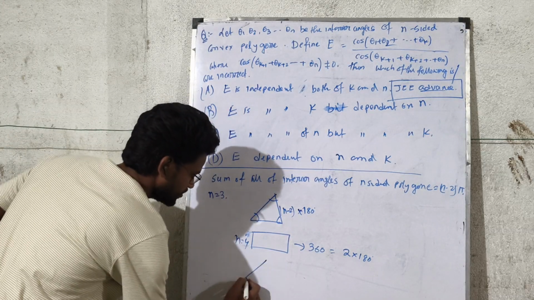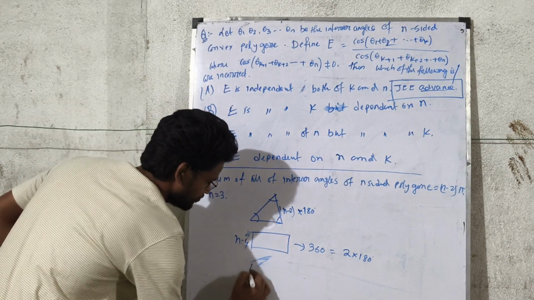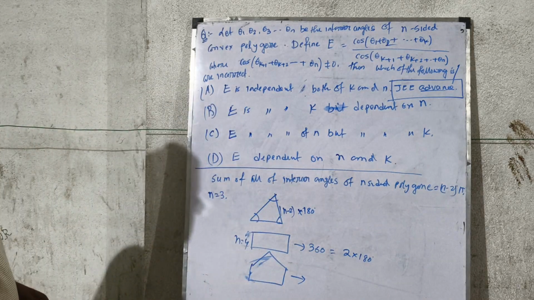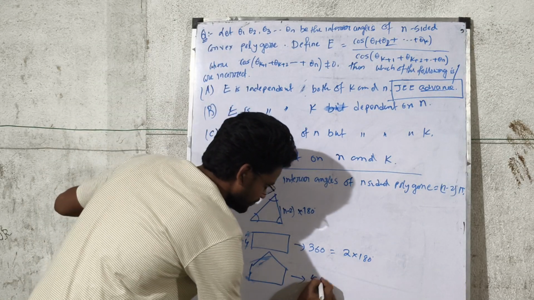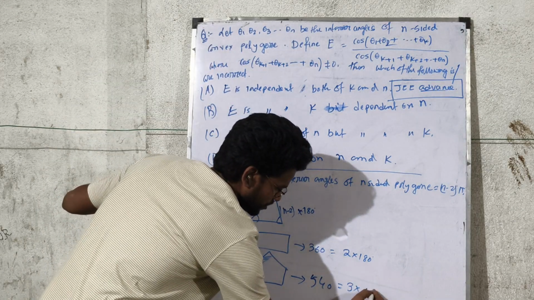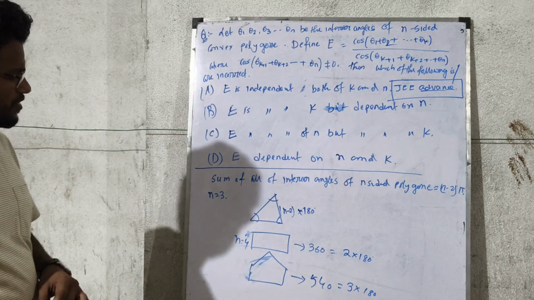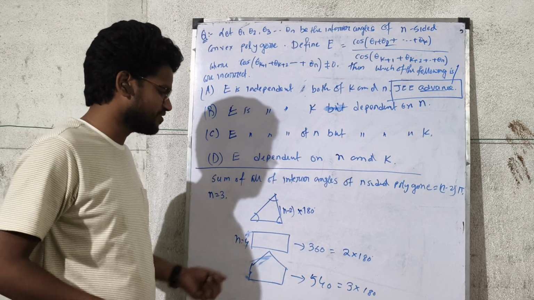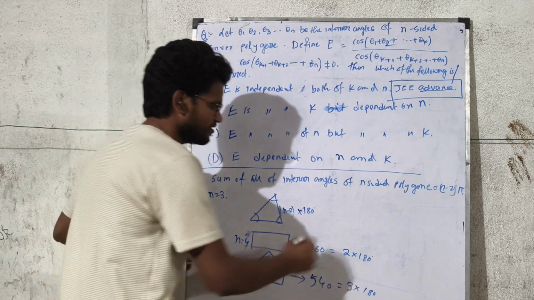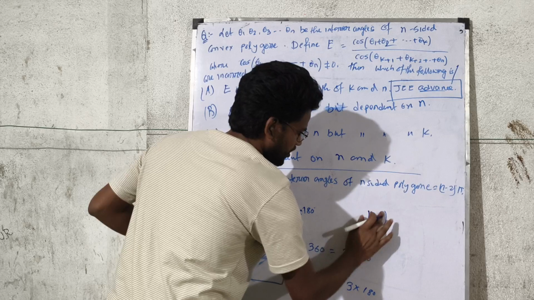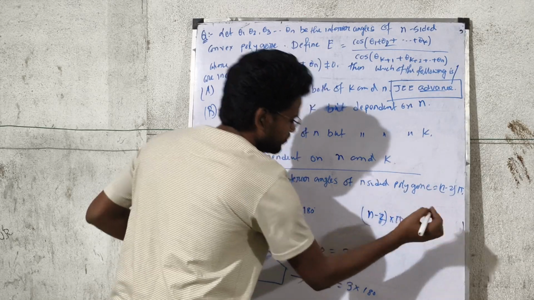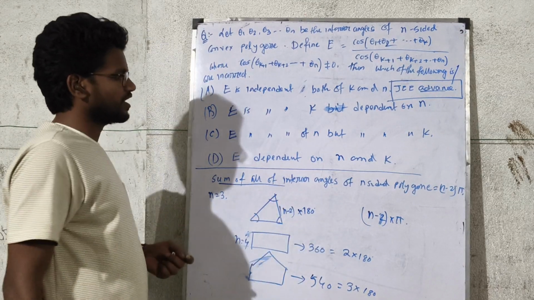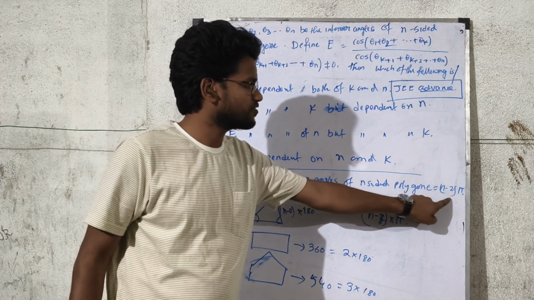If we consider another polygon, a pentagon, the sum of all interior angles is 540 degrees, that means 3 into 180 degrees. So we can generalize the sum of all interior angles of an n-sided polygon: it is n minus 2 into pi.